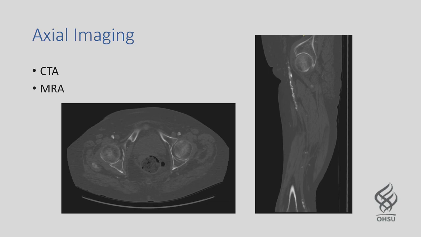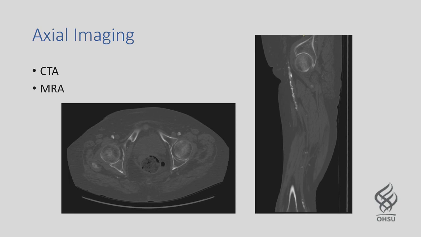Drawbacks, obviously, iodinated contrast and the radiation. I would also encourage you that if you're concerned about a wound or a leg and you're getting a CTA, get both legs, get the aorta as well, because as I mentioned with the incidence of aorta-iliac occlusive disease, if all you have is from the femoral head down and one leg, that limits our ability to know how we can treat the patient, particularly if we're doing an angiogram.